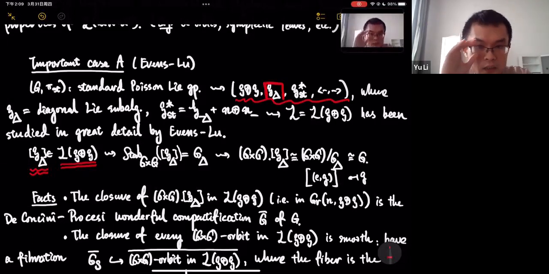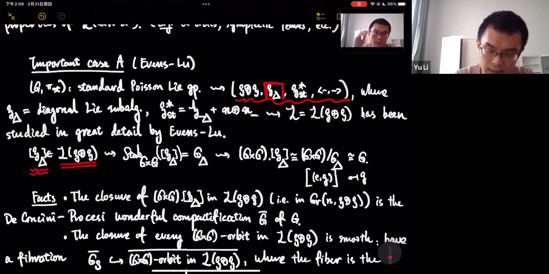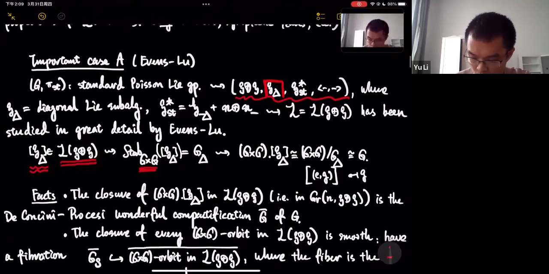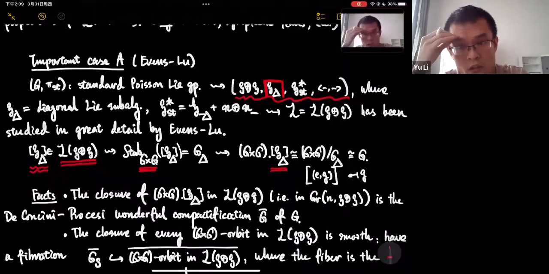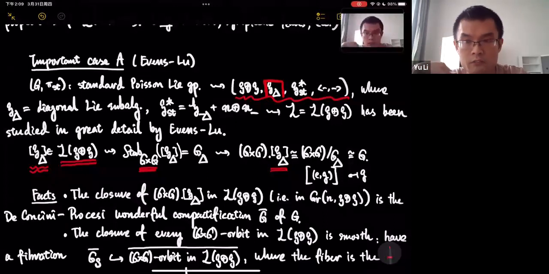I can compute the stabilizer inside the Drinfeld double group of this point, which turns out to be the diagonal G. So the orbit through this chosen base point of the Drinfeld double group can be identified with G cross G modulo the diagonal G, which can further be identified with G itself.